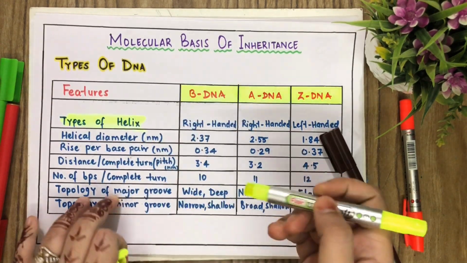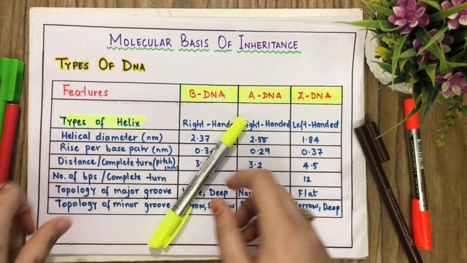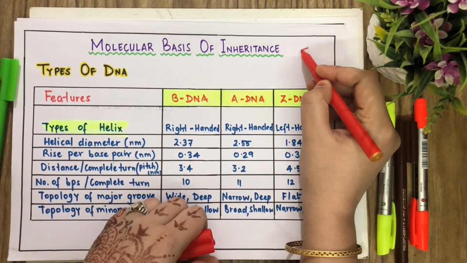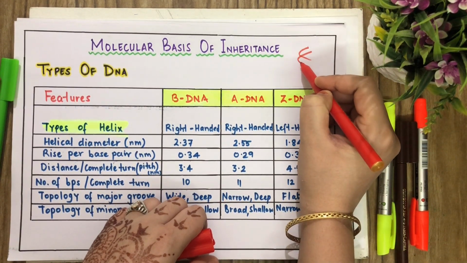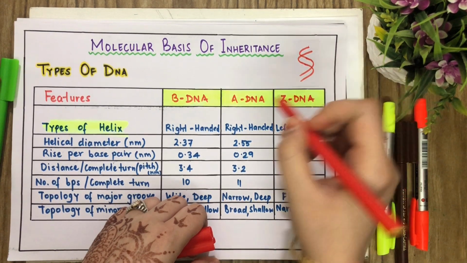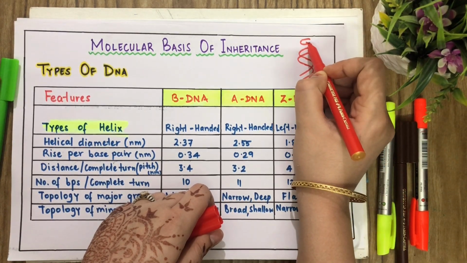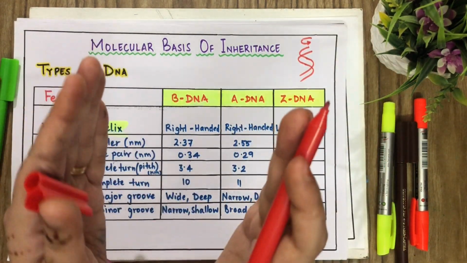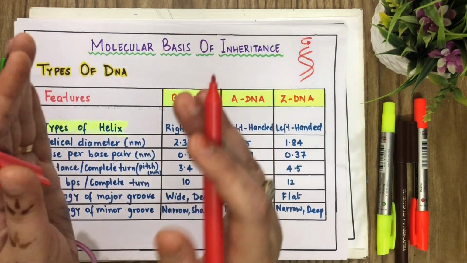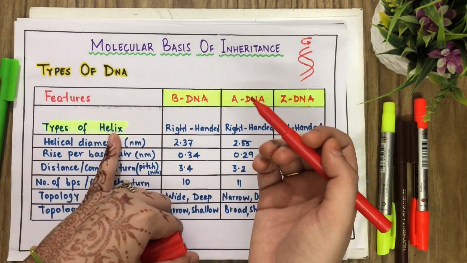So the first one is types of helix. Types of helix means, let's suppose we have one DNA here. The twisting of this DNA, how the twisting is occurring, in which direction it is occurring, that is the type of helix.